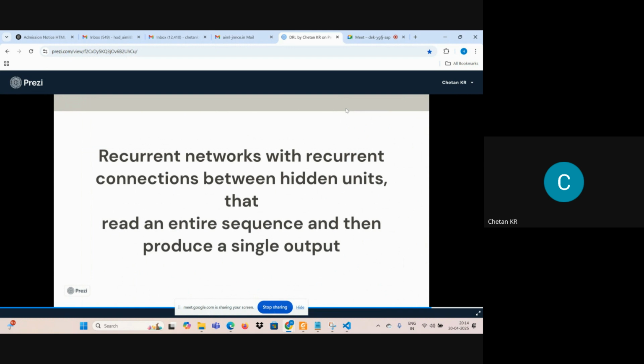Next is the second example, and here output is produced one by one. Second, recurrent connections from the previous output to the current hidden. There is a recurrence from the output of the previous step to the hidden of the current step, not between the hidden units. An output to hidden connection is there. And again, the output is produced at every instant of time.